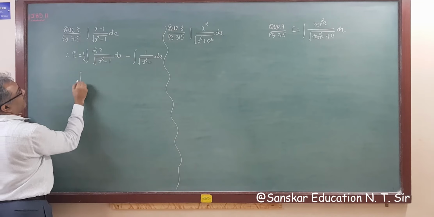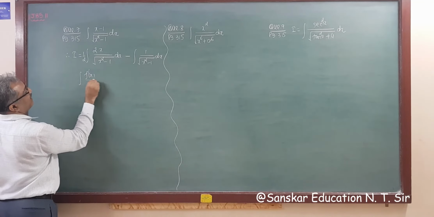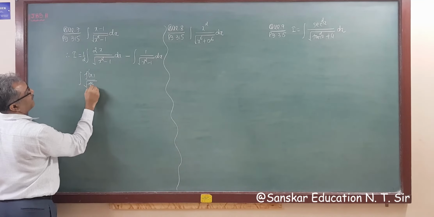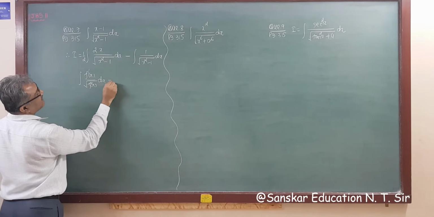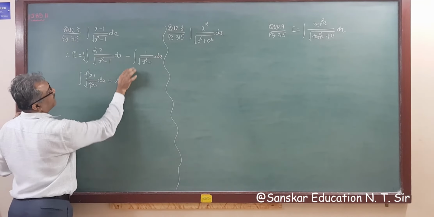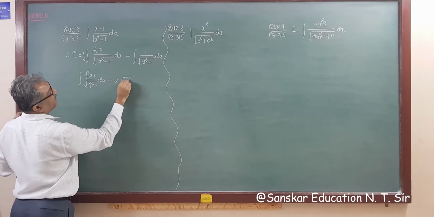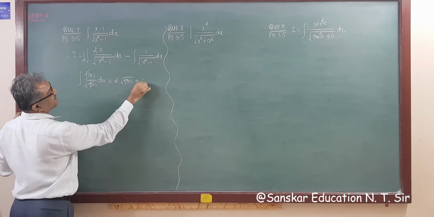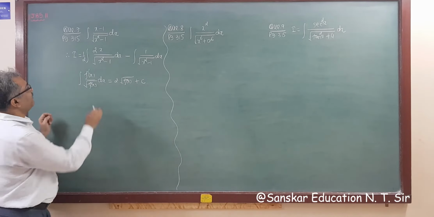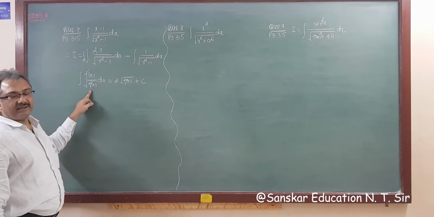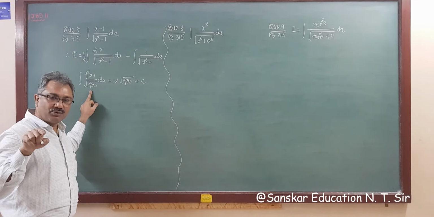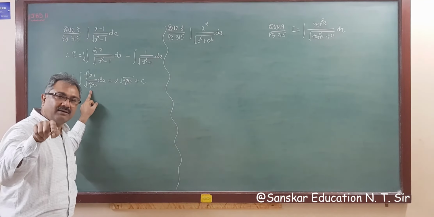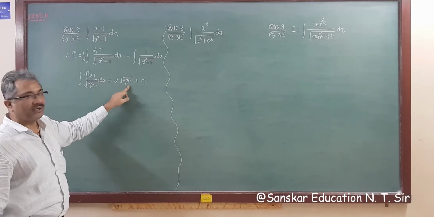Then you have one formula, f dash x upon root f x dx, then the answer is 2 times root fx plus c. That is, if the derivative of the denominator is in the numerator, then the answer is log mod fx, that you know. But if the denominator is in root, then the answer is 2 root fx.